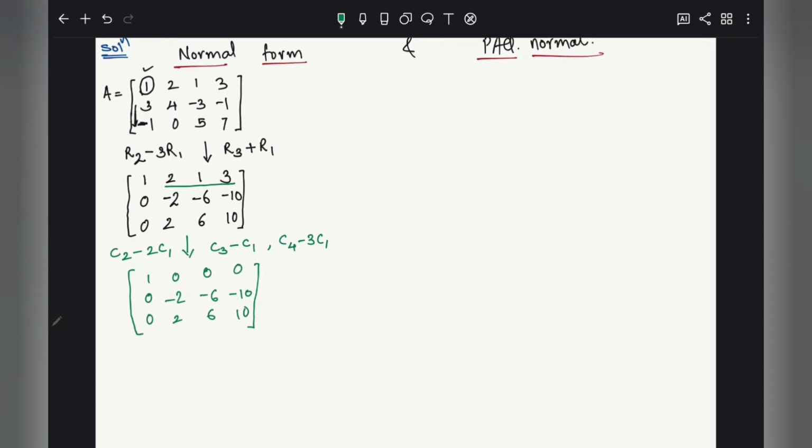Now let's proceed to the next one. What is our next target? We have to make this entry 1. For that purpose I can do r2 upon minus 2, or I can even do C2 by minus 2.